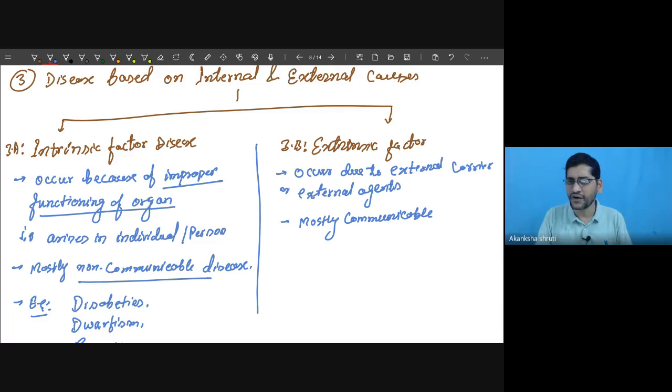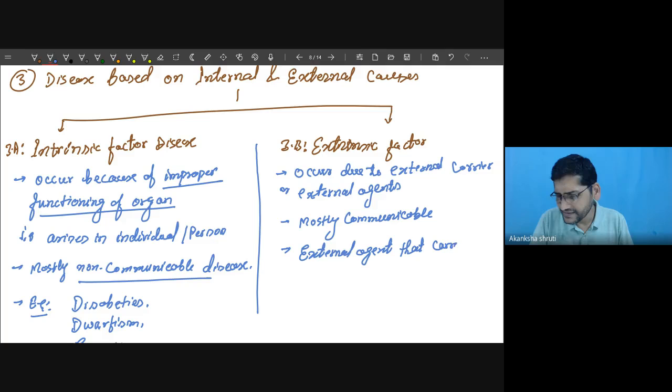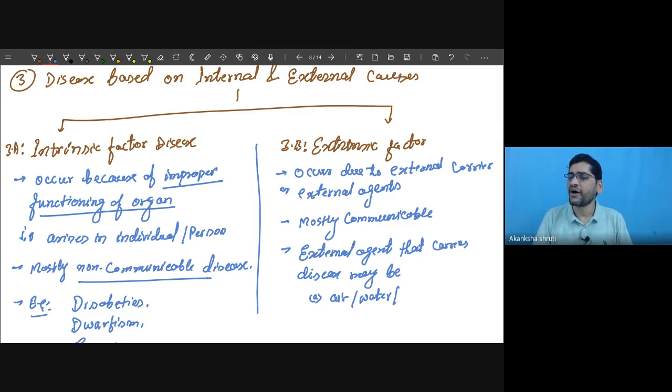Communicable means spread from one person to another person. The external agent that carries the disease may be the air, meaning the pathogen is transmitted in air or water, or even the land, or even by using the used goods or clothes of the patient.